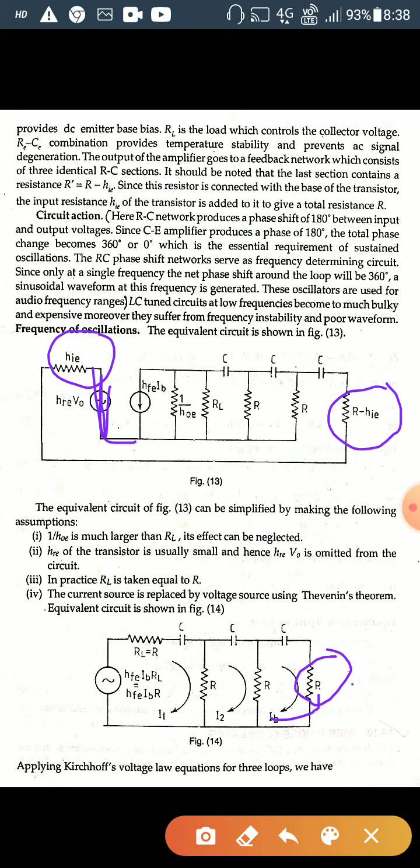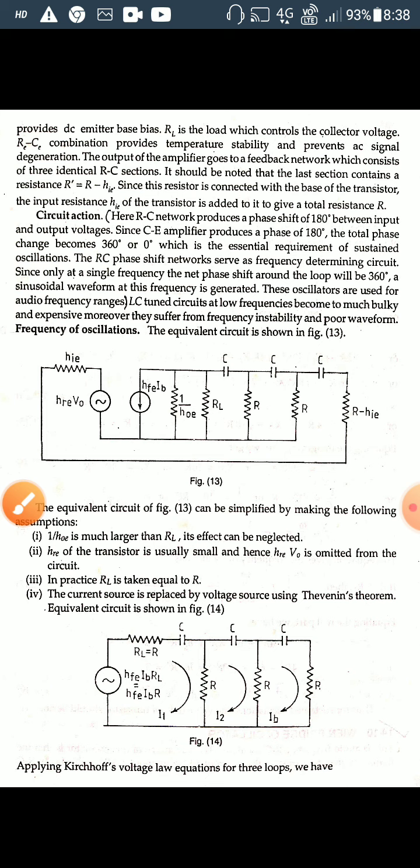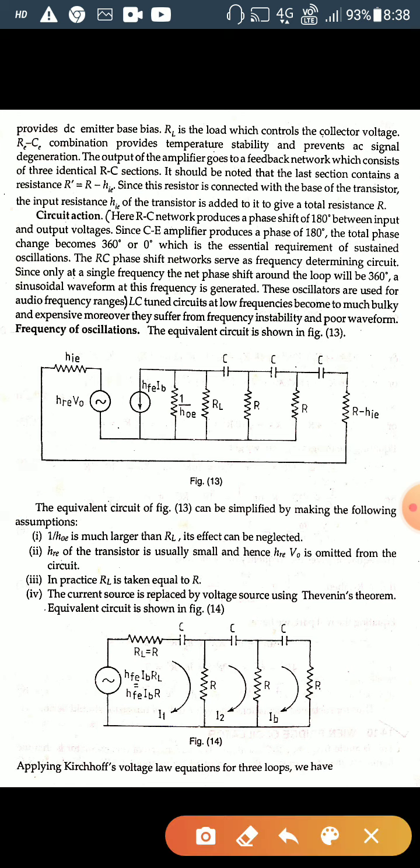So now the equivalent circuit for the phase shift oscillator is also named the Thevenin form, because we converted the current source into the form of a voltage source. So this is the Thevenin equivalent circuit for the phase shift oscillator, and it will look like this. Here the total number of loops is 3.